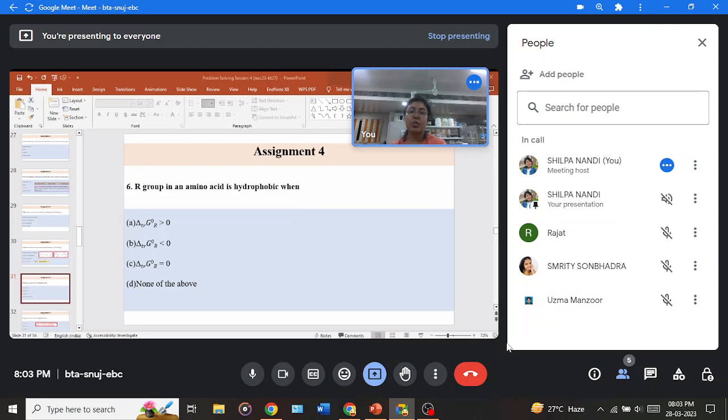The R group in an amino acid is hydrophobic when option A, Gibbs free energy of transfer is greater than 0; option B, less than 0; option C, equal to 0; and option D is none of the above.